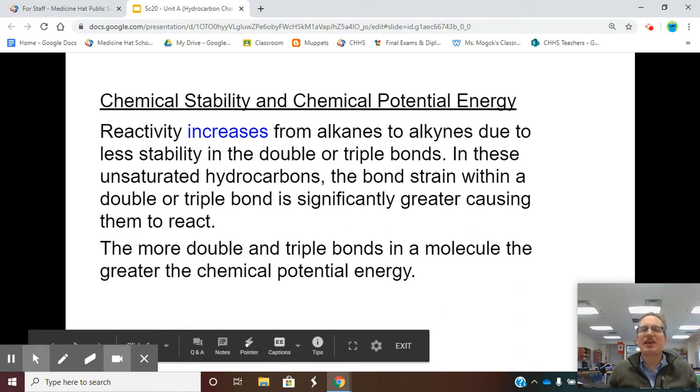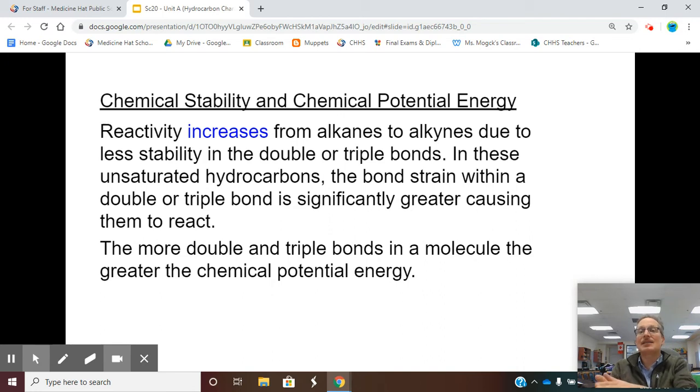So reactivity always increases when you go from an alkane that is saturated to an alkene to an alkyne that is unsaturated. This is due mainly because of the instability of the double or the triple bond.